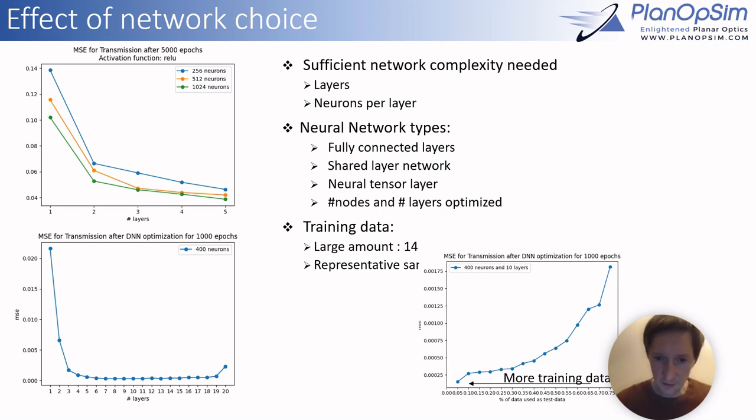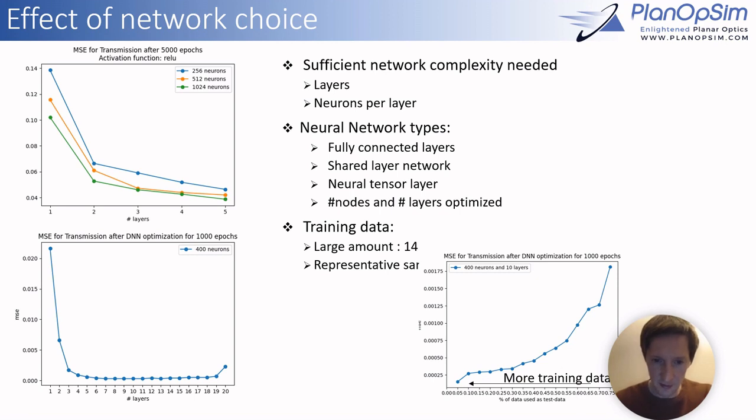Finally, we find that we need around 140,000 RCWA pre-generated data points in order to reconstruct this neural network. And what's important is that this needs to be a representative sampling of our solution space.